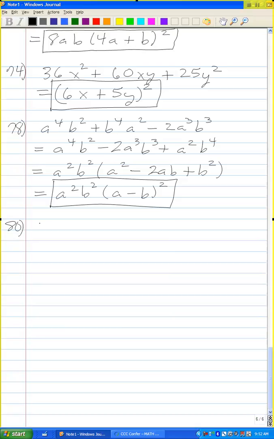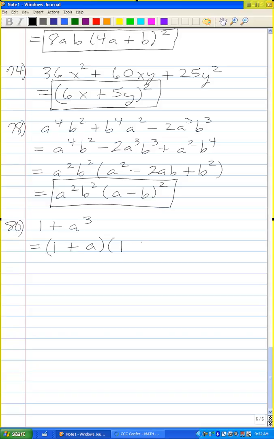One plus a cubed. In exercises 79 through 85, factor using formulas for the sum of two cubes. The cube root of 1 is 1. Drop down the plus. Cube root of a cubed, a. 1 squared, 1.